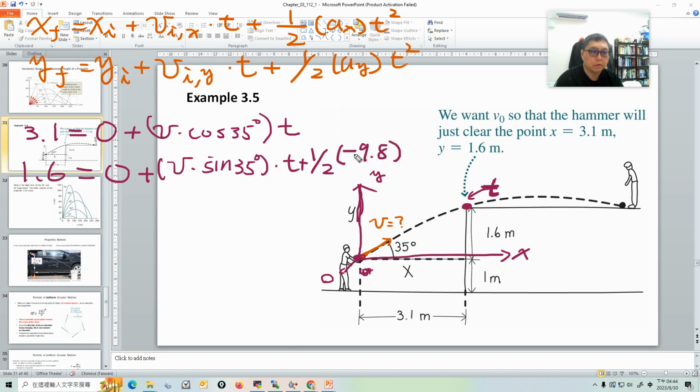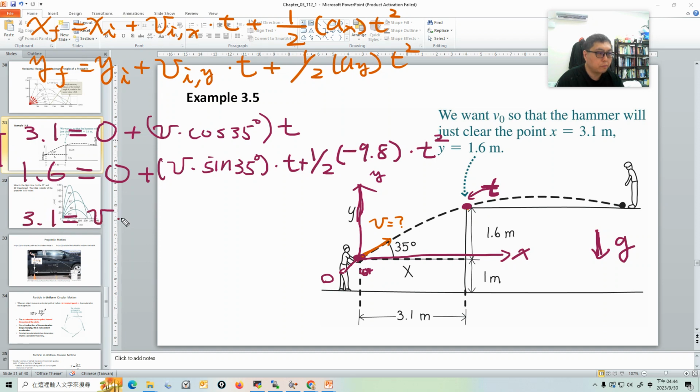Be careful with the negative sign, because the acceleration points downward, and in this coordinate system downward is negative. And then t squared.